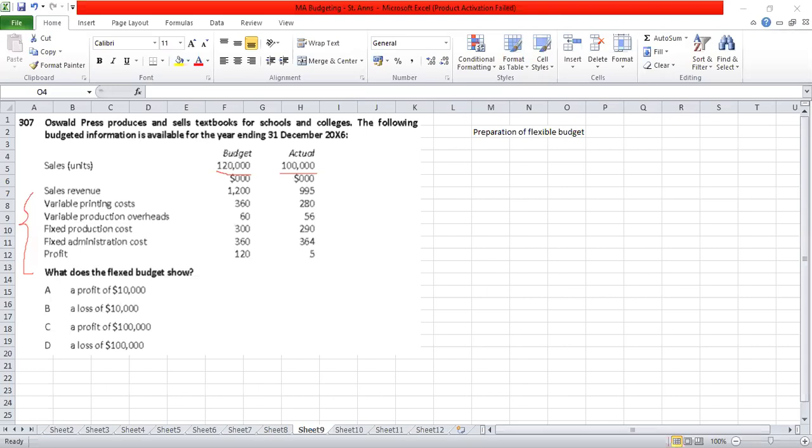Then in this context, one more important point we have to remember is that there are basically three different types of costs, based on the behavior of costs.